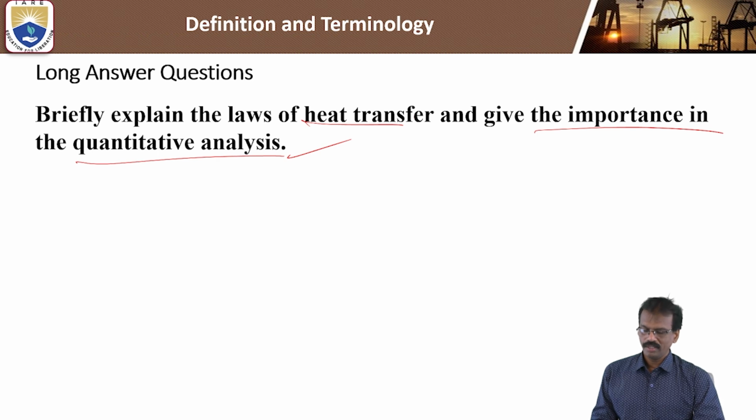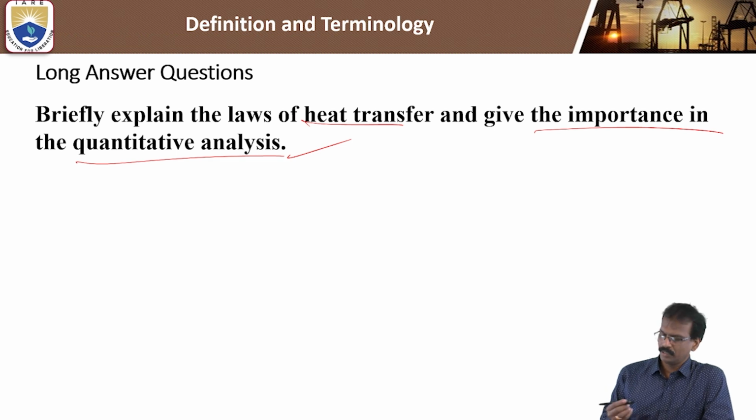You know that heat is a form of energy. Heat transfer is the energy in transit, or transmission of energy from one object to another object, or one substance to another substance. That is heat transfer.